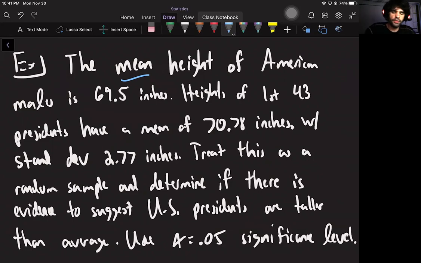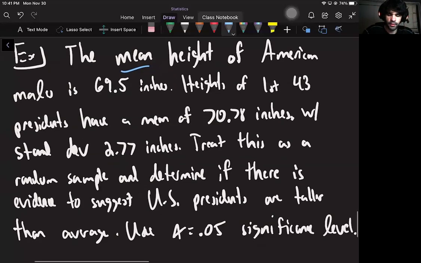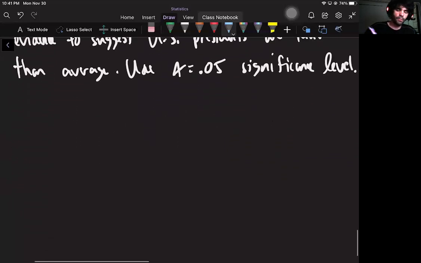So we're really running a hypothesis test here where we are assuming that the average height is 69.5, and we have this sample mean, which is bigger, and we're going to see if it's so far away, if it's so weird, so much bigger than average, that we can claim that 69.5 is not the actual mean, and in fact it's bigger for presidents. That's the idea.